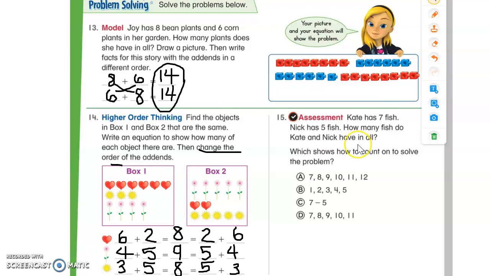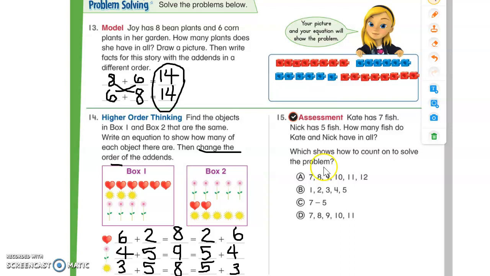So I need to figure out how many they have in all, but I see another question. So why don't I read that next question to figure out exactly what kind of answer they're looking for? It says, which shows how to count on to solve this problem. Oh, so I was practicing this earlier because counting on is a great strategy to use when adding.